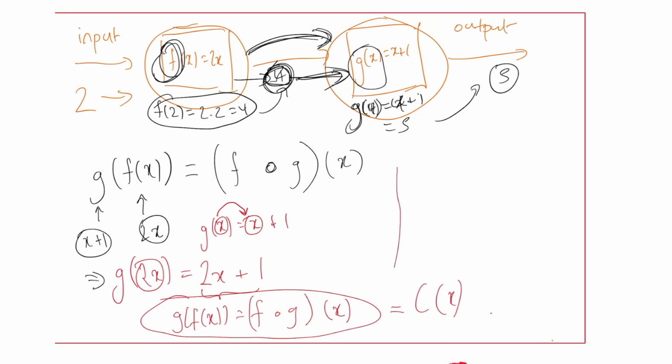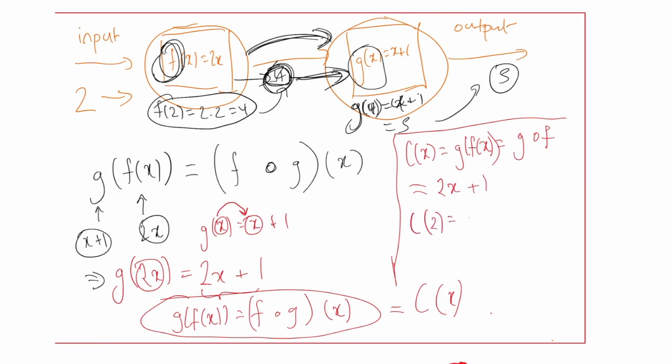What if we plug in 2? Again, like in the example above. Well, we would have this function we called c of x, which is equal to g of f of x, which is 2x plus 1. Let's plug in 2.